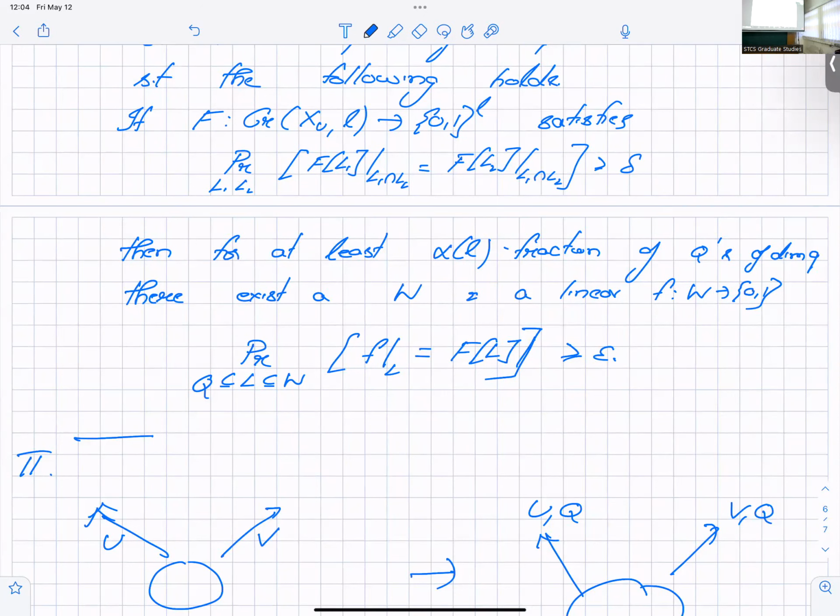Only this is true for every Q. Now the question is, how do the provers agree on what is the W? Because only if Q and W agree, they know how to define. And notice if a W is true, even smaller W's are true. If a W satisfies the hypothesis, a W of codimension 1 larger is also going to satisfy the hypothesis. So the W's are extremely large in number. There's no bound you can put on the W's.